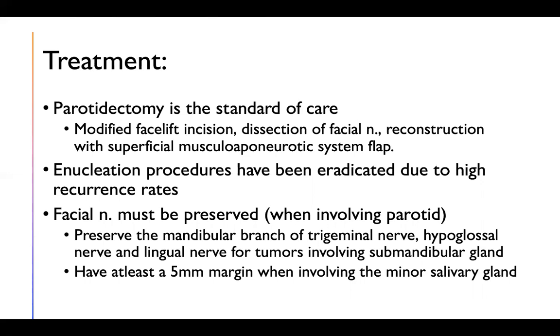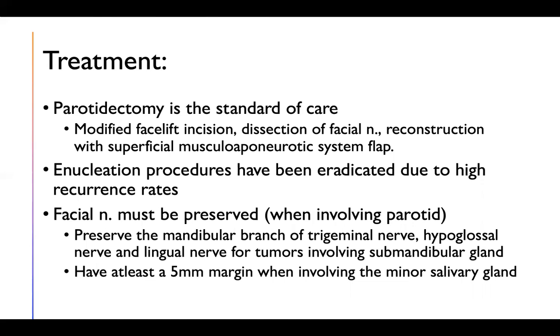Treatment, typically you want to do a parotidectomy. The enucleation procedures have been eradicated due to those high recurrence rates. The parotidectomy is usually a modified facelift incision, with dissection of the facial nerve, which you have to be super duper careful about so that patients don't have facial paralysis or some type of nerve damage with this procedure.